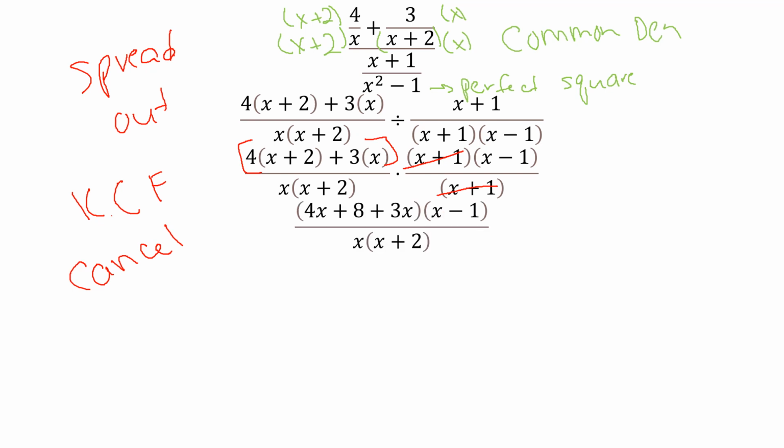So what I'm left with is all of this loveliness. 4x plus 2 is distributed out, 4x plus 8 plus 3x.